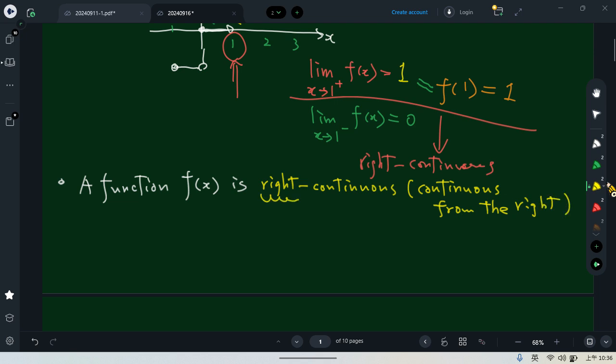Right continuous means I need to make sure it is continuous from the right at some certain point C. We need to make sure C is also in the domain.